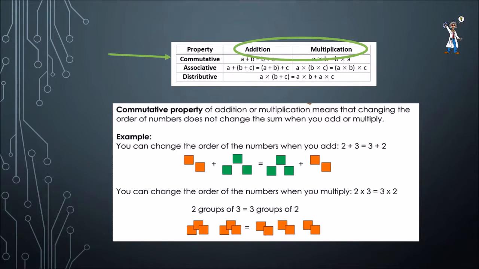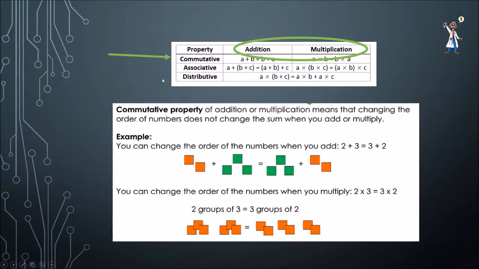Let's look at the commutative property of addition and multiplication. Now, this commutative property of addition or multiplication means that changing the order of the numbers does not change the sum when you add or multiply.